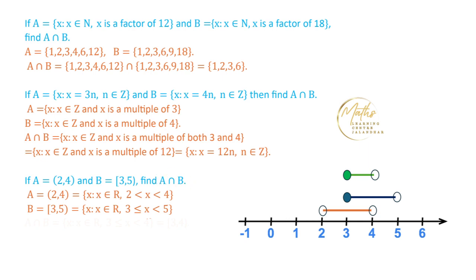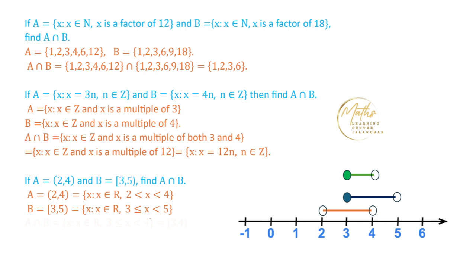It means we are talking about the region common to both these. So in the common region, this point 3 is included. We have all the points after this number 3 up to the number 4, but this 4 is not included in the list because this 4 is not present in the set A, but it is present in the set B. So when we are talking about A intersection B, we are talking about those numbers which are present in both these sets.